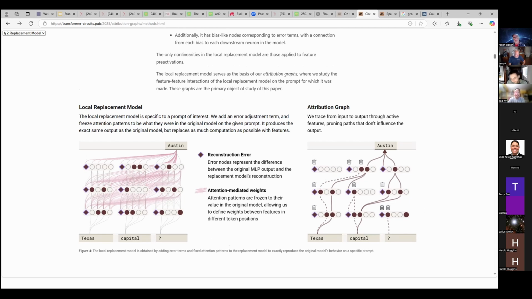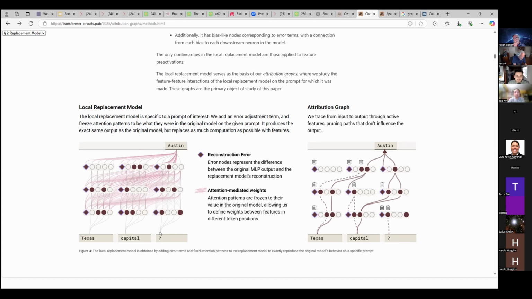The CLT is the local replacement model, basically. The columns of the encoder of the CLT are these circles in your replacement model, and those circles are all connected with linear weights based on the residual stream and the attention patterns and whatnot. It's all linear connections.